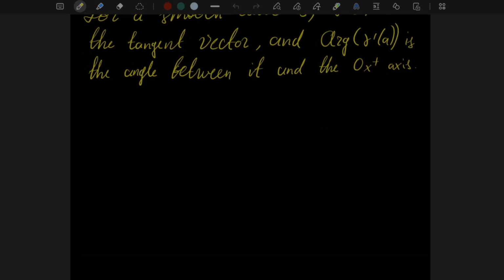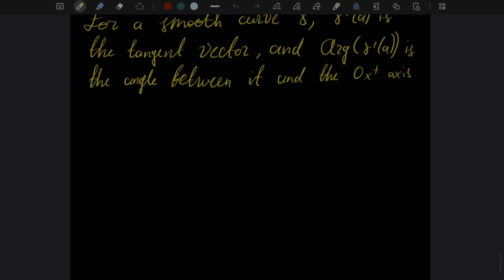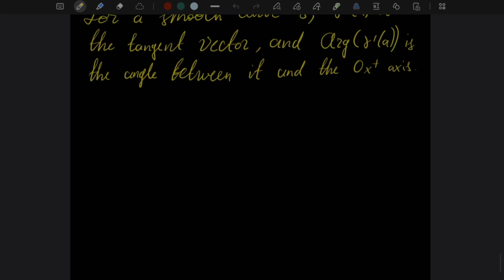Now let us expand this knowledge, rigorously of course, onto complex valued functions of a complex variable. Let us have a curve, gamma of t, and map this curve onto another curve, gamma tilde of t.